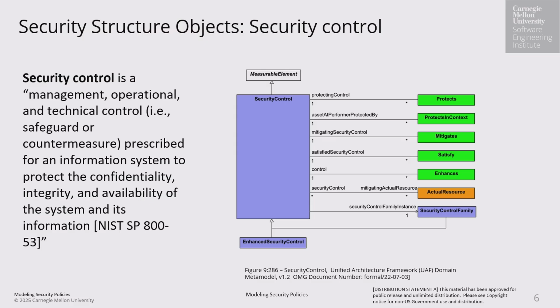And the visuals provide a good explanation, really excellent explanation, of how security controls can be applied. So all those relationships on the right-hand side, as you can see, pertain to various objects that could be useful in our design of the system security.